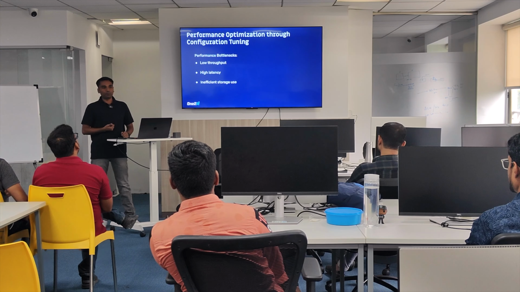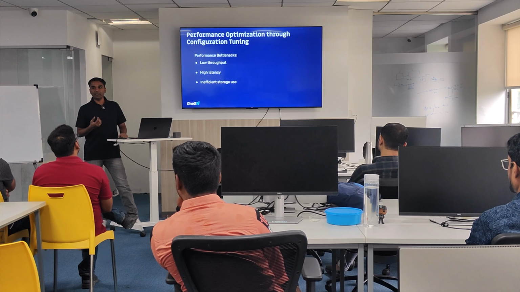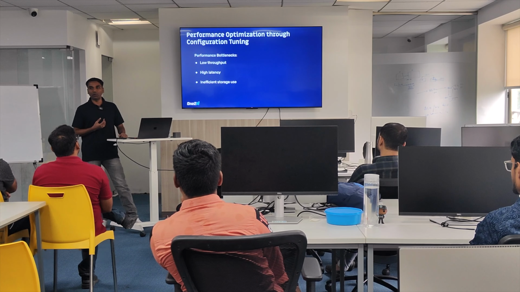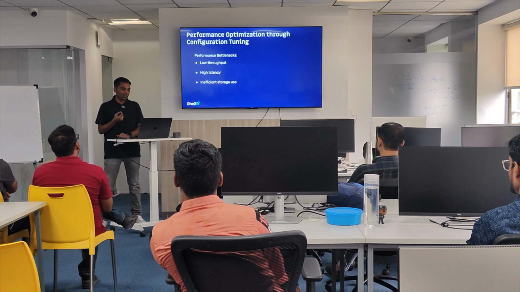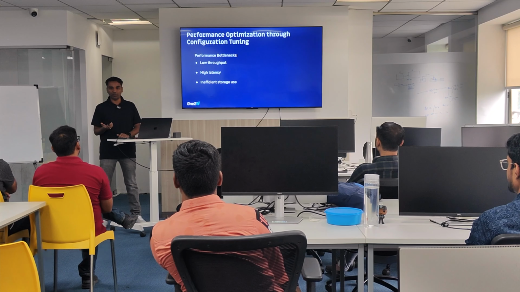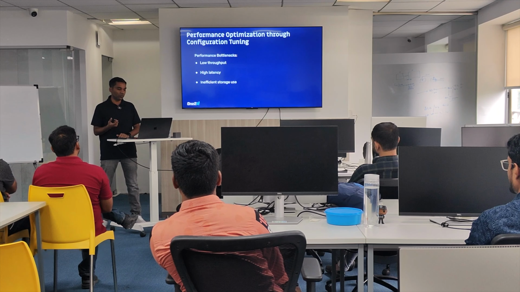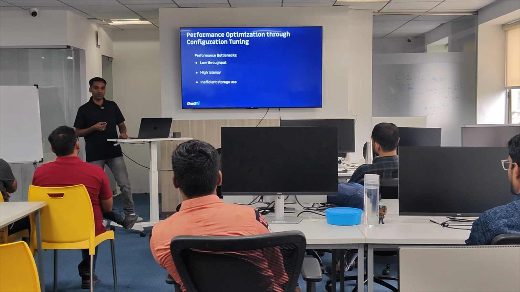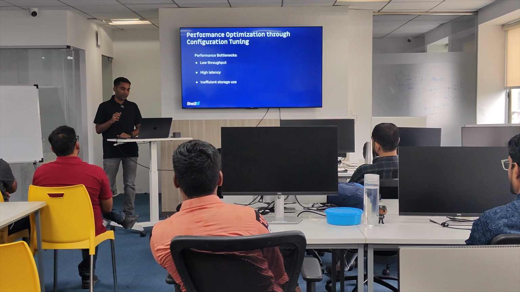When we say performance optimization, these are the three things we look after. If your throughput is low, then it is not a performant system, so you have to increase the throughput. If there is high latency, then also it is not a very performant system. And if you are using inefficient storage, then also your system is not that performant.